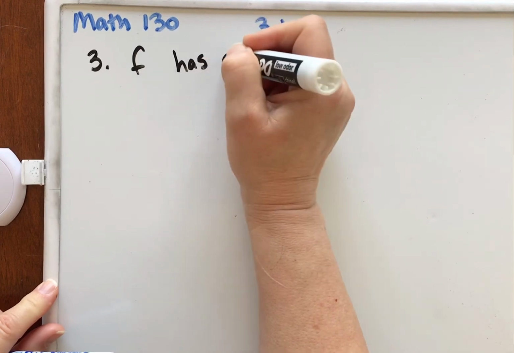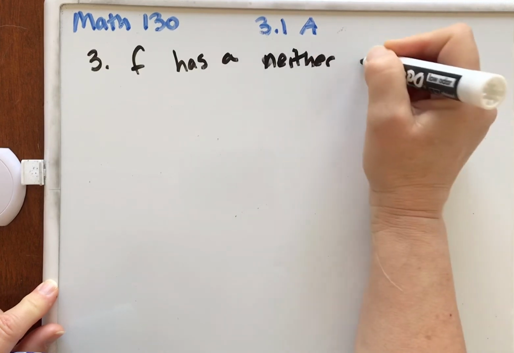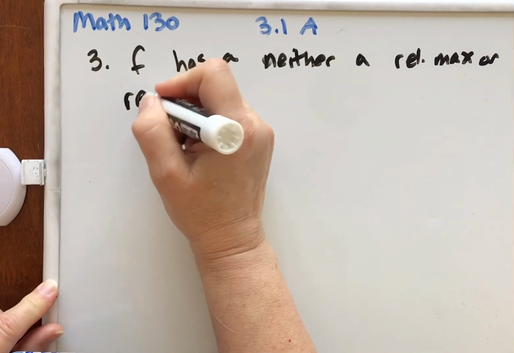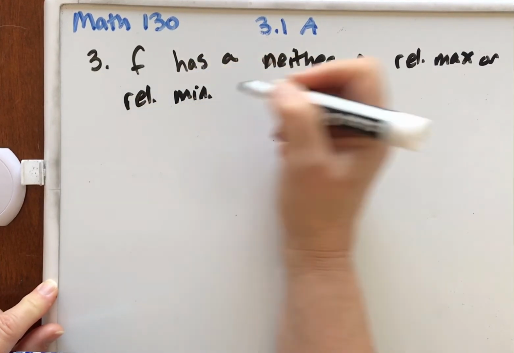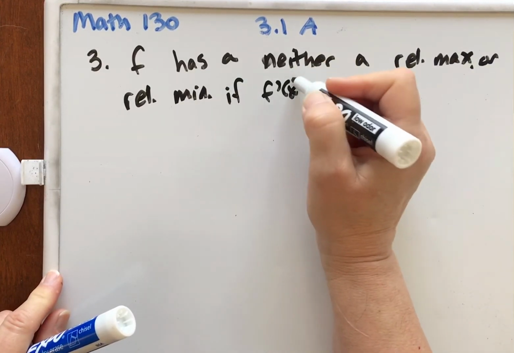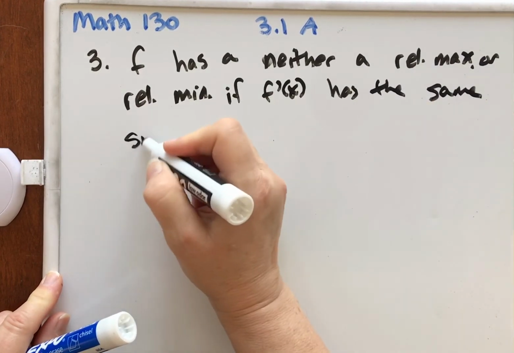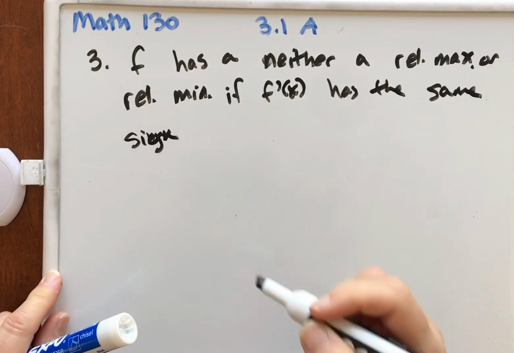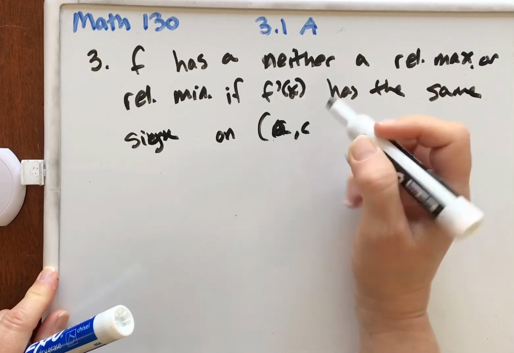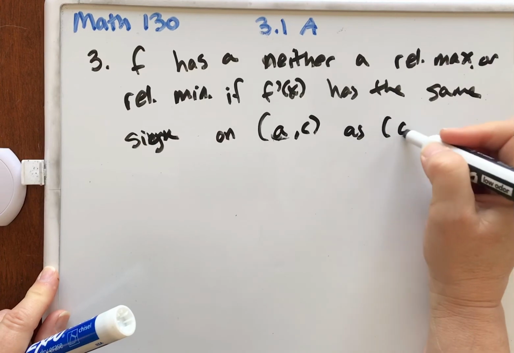F has neither a relative max or relative min if f prime of x has the same sign on the interval AC as the interval CB.